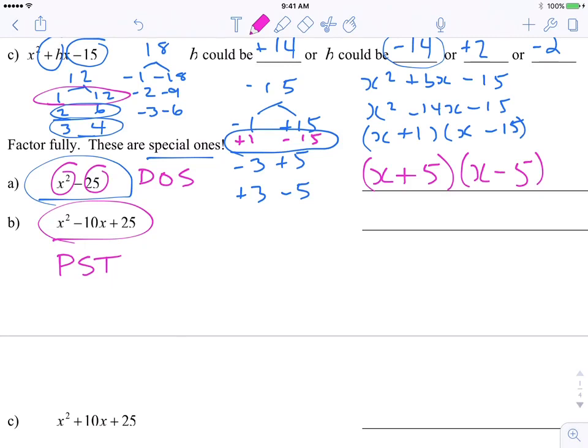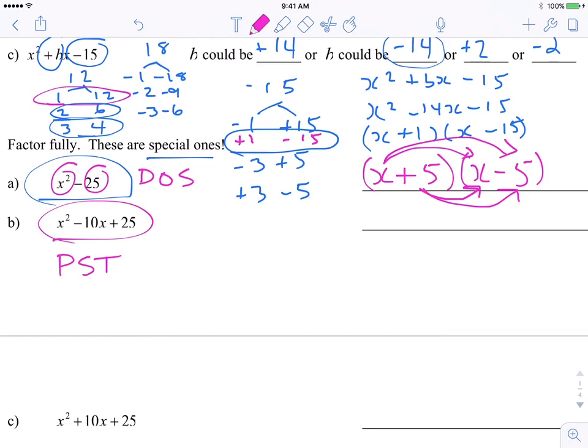Because we need the middle terms to cancel each other out. So we know x times x is x squared, and x times negative 5 is negative 5x. But then in the very next step, you'd have 5 times x, which is a positive 5x. So the negative 5x and the positive 5x would be like terms, and when added together, they eliminate each other. And then the last term would be 5 times negative 5, which of course is your negative 25.